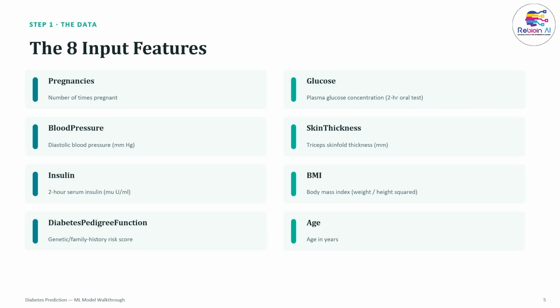It is a computed score that reflects family history and genetic predisposition to diabetes. It's not a raw measurement, it's a derived one. The second one is glucose, the plasma glucose concentration from a 2-hour oral glucose tolerance test, which turns out to be by far our single strongest predictor. And we will see exactly why a little later.